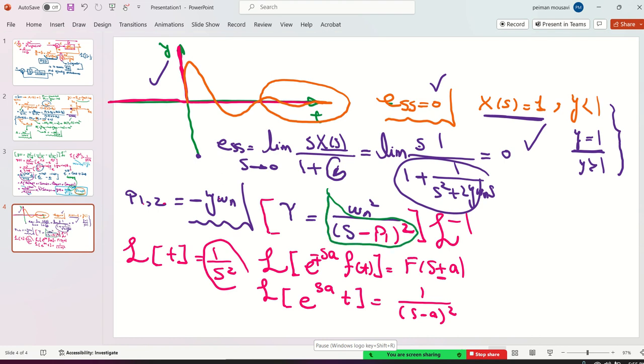So the inverse Laplace of this, for God's sake, y of t is going to be omega n squared t e to the p1 t, where your a is p1. Simple like that, we derived it together. But I have to replace p1 here.